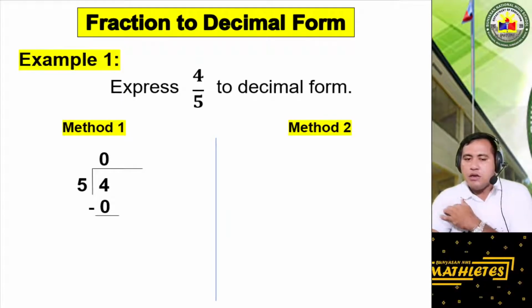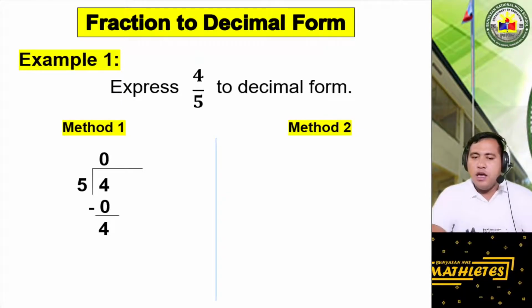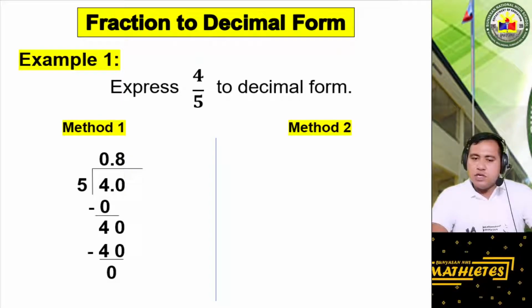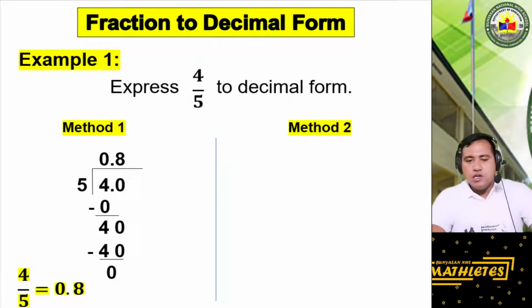Then subtract, that means 4. Then again, add 0, that means 40. 40 divided by 5 is 8. 8 times 5 is 40. So the result is 0.8. Therefore 4/5 is equal to 0.8.